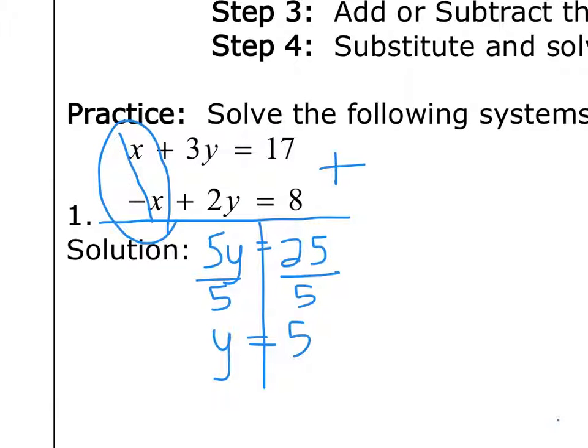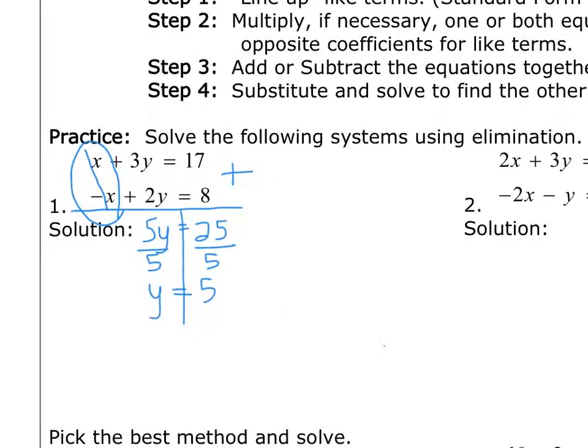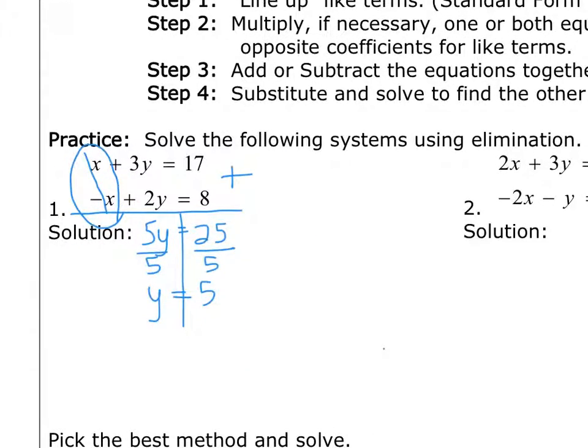Now I have to use that substitution method. I have to plug back in to one of my equations this information that I have, that y equals 5. It doesn't really matter, but I'm going to plug it back into this top equation. So I'm going to say x plus 3, but instead of y, I'm going to put parentheses because I'm going to substitute that in, equals 17.